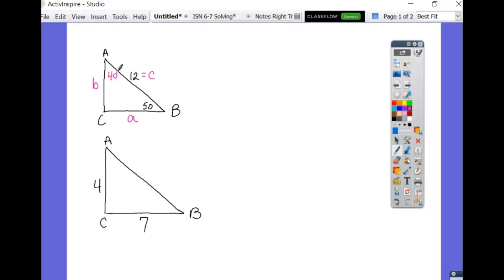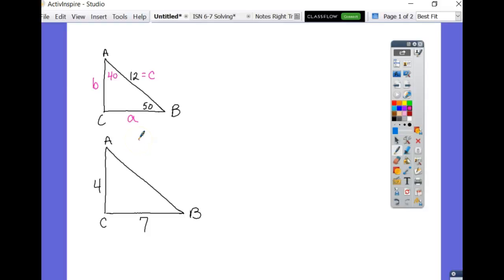So the next thing I need is side B and side A. So I'm given this angle, 50. So I'm going to use that angle. I could use 40 if I want, but I'm going to go ahead and use 50 since that's the one I was given. So if I have this angle, is B across or adjacent to 50?